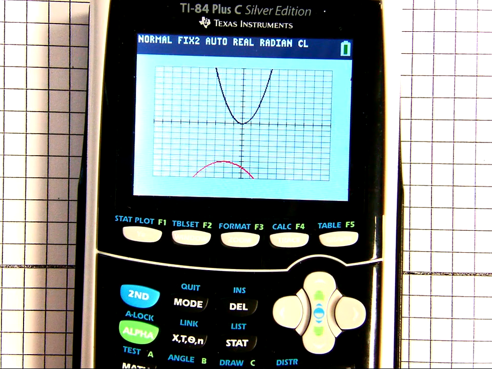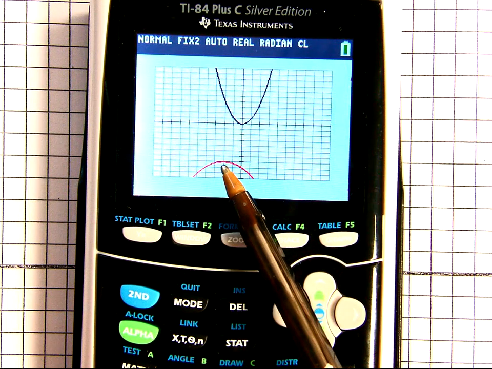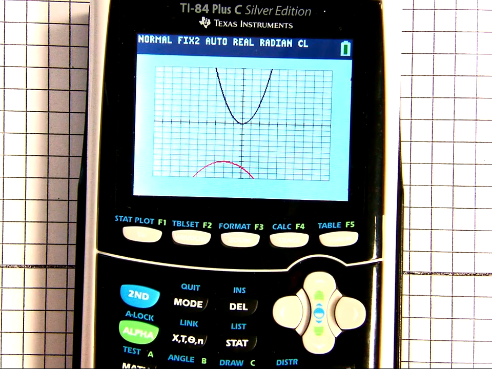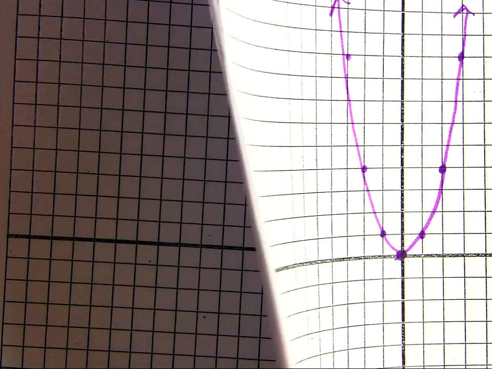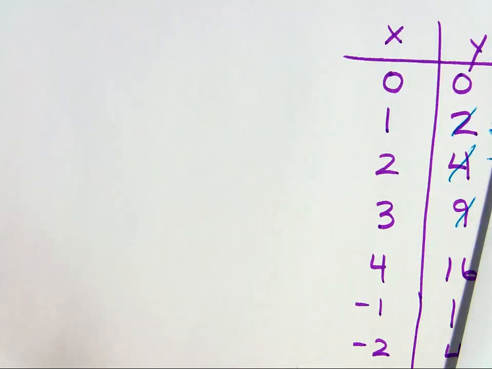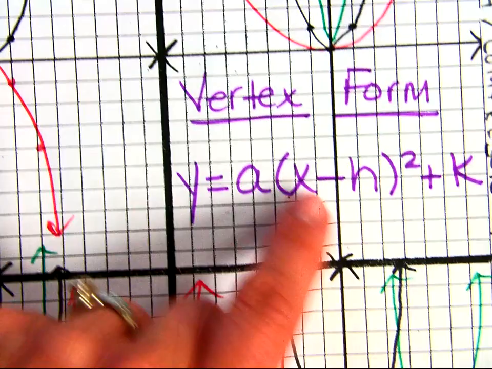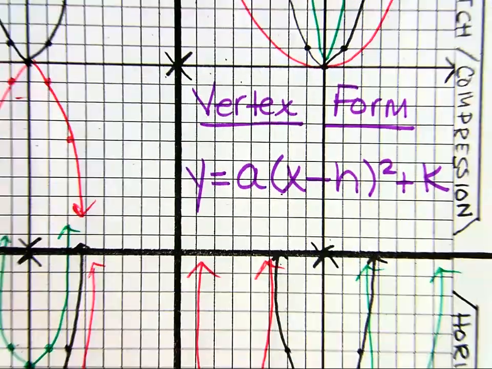So now what I want to talk about next is this point right there, and that has to do with the vertex. So let's take a look at this equation, and now it's time for you to go ahead and get something to write out, and we're going to talk about vertex form. Oh, did you get a chance to write? Did you write this on your paper? Okay.